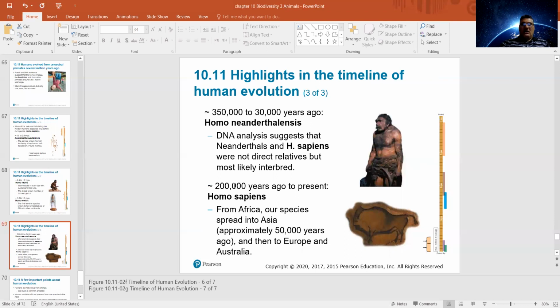Homo sapiens started 200,000 years ago, so they coexisted, and there is suggestion that they interbred. But Homo sapiens, which is from Africa, our species, spread into Asia about 50,000 years ago, and later on to Europe and Australia.